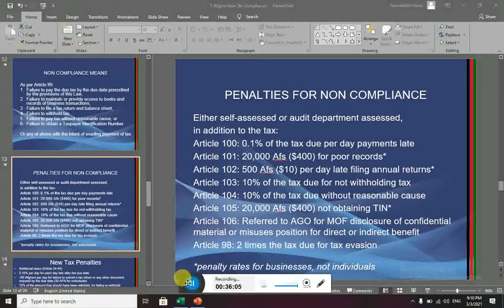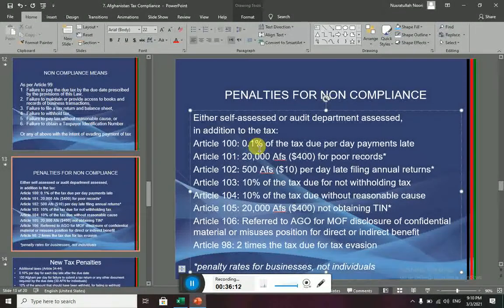So as per Article 100, before it was 1%, now it's 0.1%, now it's 0.05%, right? Before it was 0.1%, now it has become 0.05%, as per Article 100 of the income tax law. It's of the tax due per day payments late.